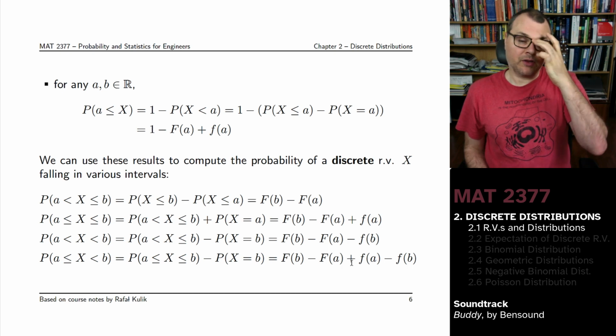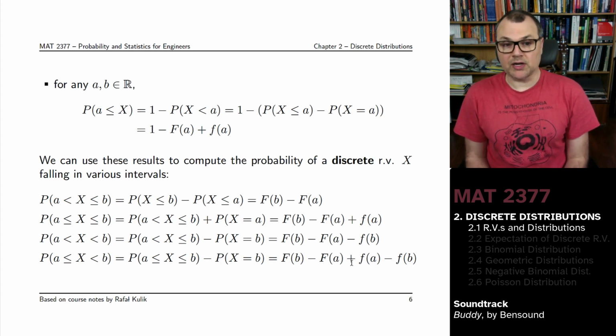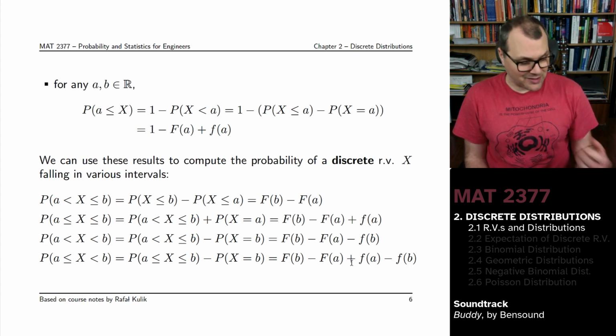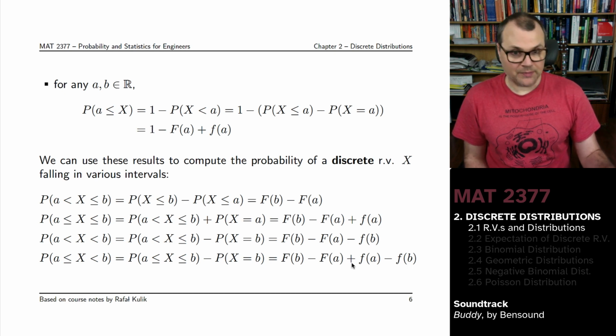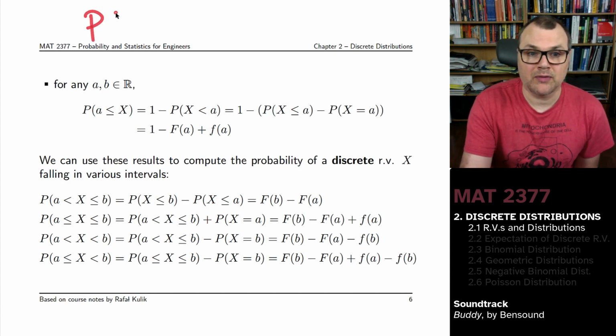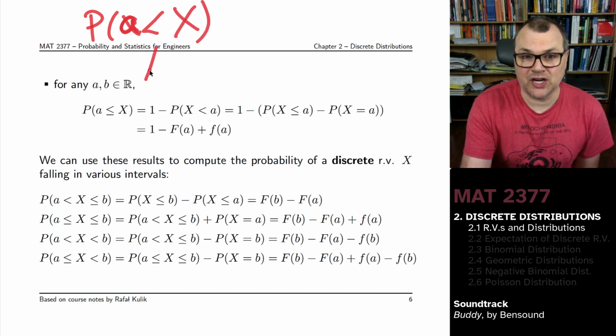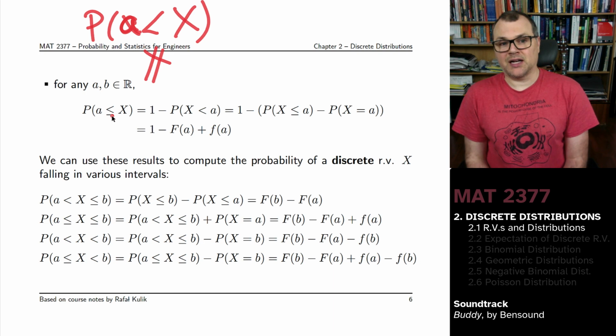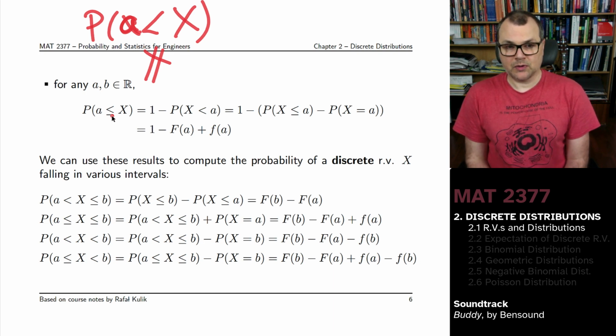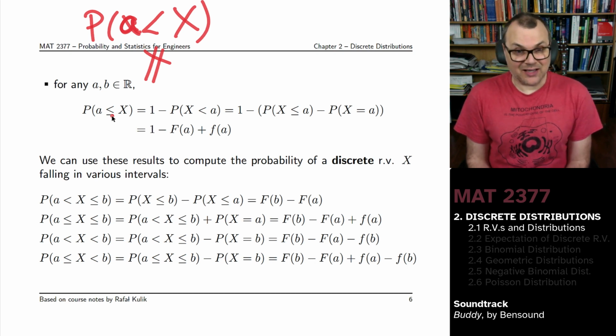The only other thing you might be interested in computing, probability-wise, would be the probability that A is smaller than or equal to X. Again, that is not the same thing as what you've already found before, right? We found the probability that A would be strictly smaller than X. That's not in general going to be the same as the probability that A is smaller than or equal to X. By the rules of probability, the probability that A will be smaller than or equal to X is going to be 1 minus the probability that that's not the case.